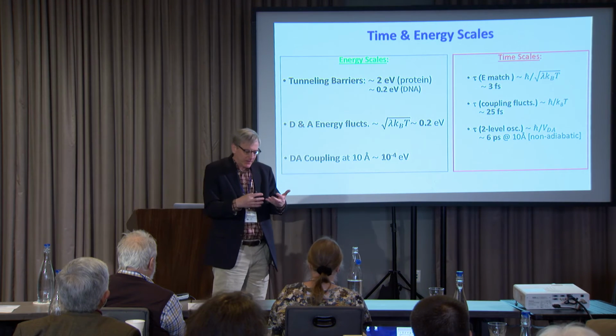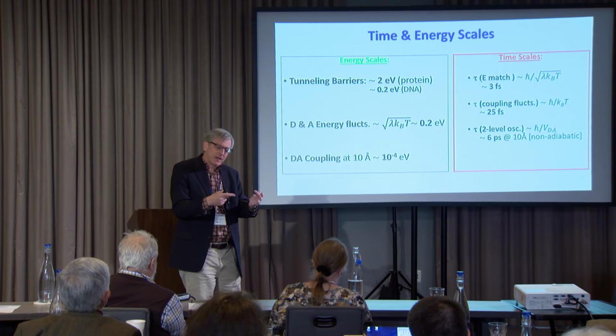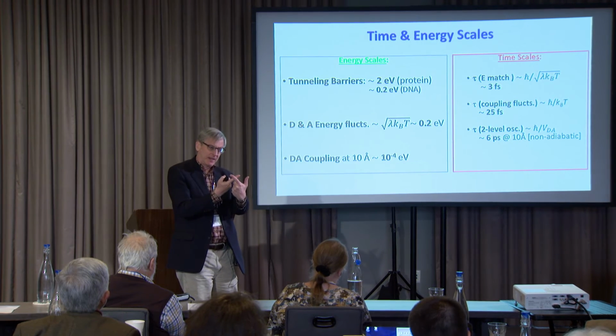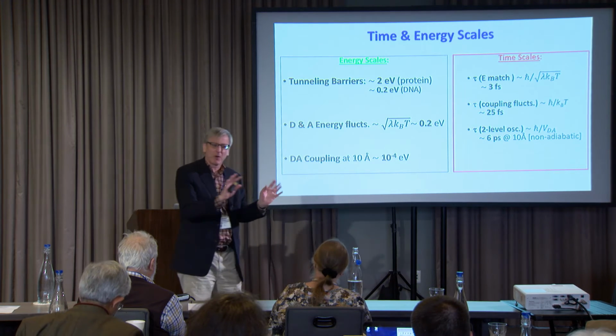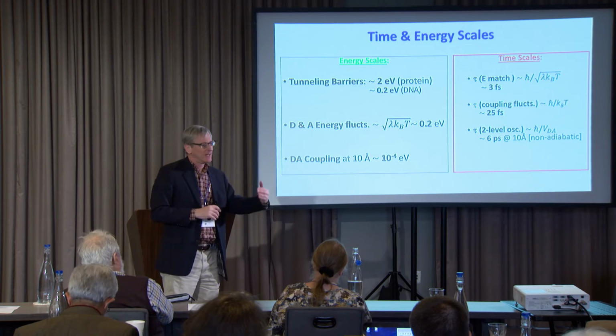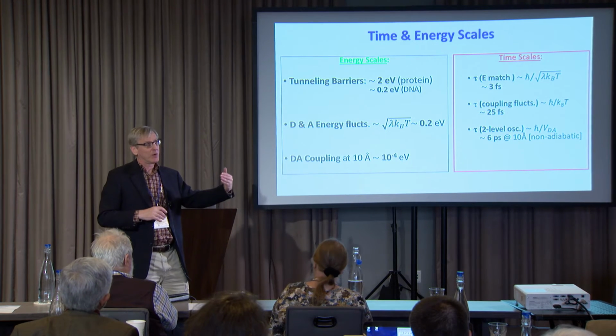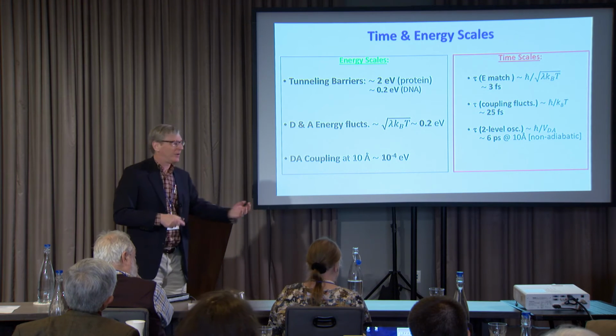If the donor-acceptor couplings would change while I sit in that activated complex, then I have to do something a little more complicated. Maybe the simplest thing would be a non-Condon calculation. Maybe I need to start worrying as well about details of the quantum dynamics and how I get to the rate.